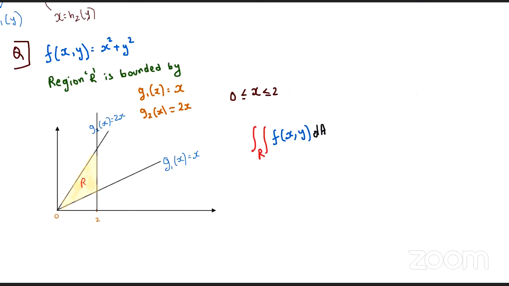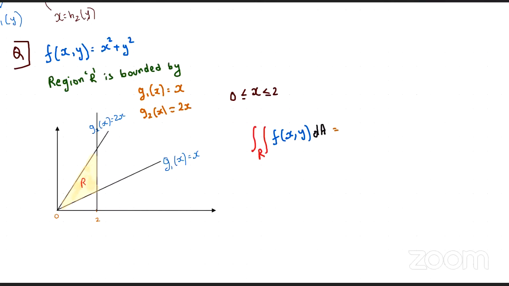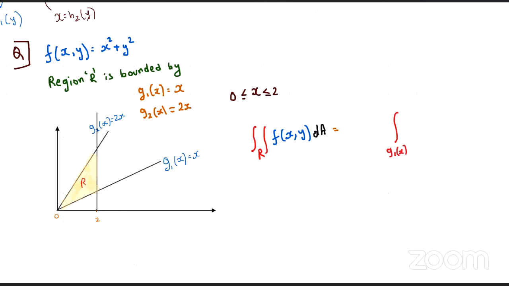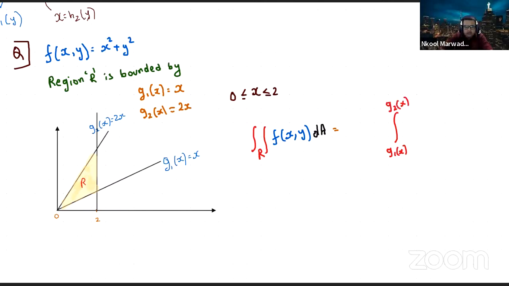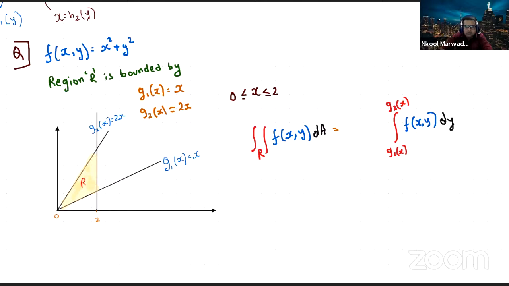First, we will integrate the function with respect to y. Then the limits will be g1(x) to g2(x). We will be integrating it with respect to y. And whatever answer we will get, we will integrate it with respect to x.